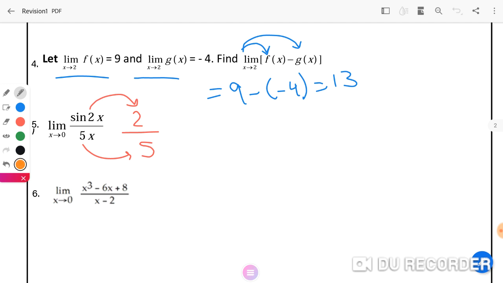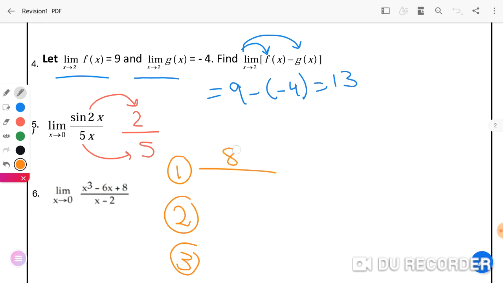Okay, for the last question, I think it's so trivial. Step 1, step 2, step 3, it's so easy. Step 1, replace, it will be 0, 0, it will be 8. That's right? Maybe I don't need step 2 and 3. If we replace 0, 0, it will be 8 over 0 minus 2.